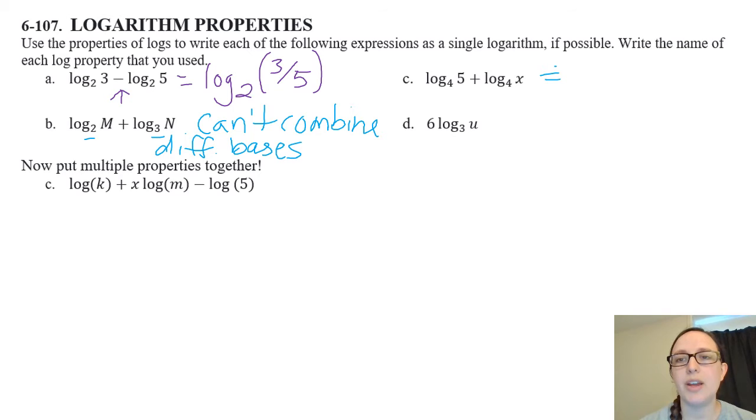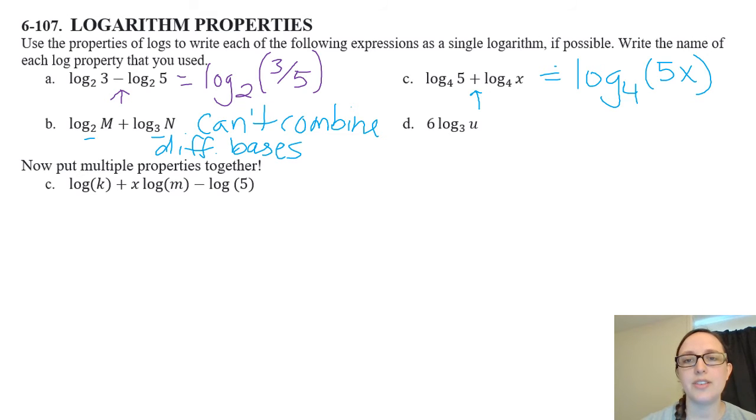So we can combine these. These are going to become log base 4 of something. Since there is a plus in between, that's the product property. So we're going to multiply 5 times x, which is 5x. That's what it combines to be, log base 4 of 5x.